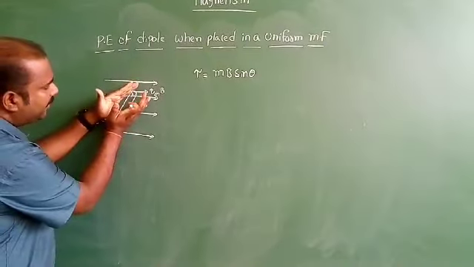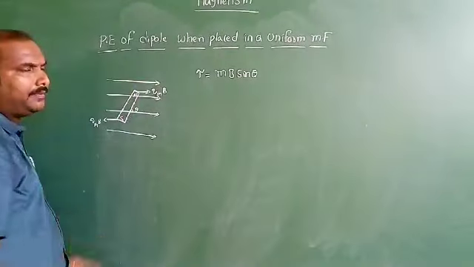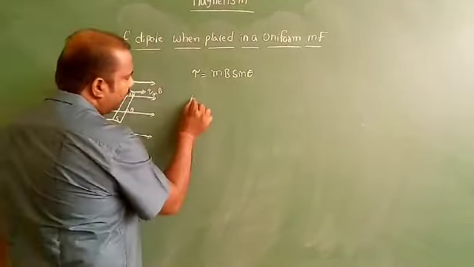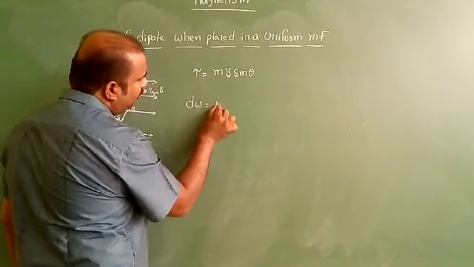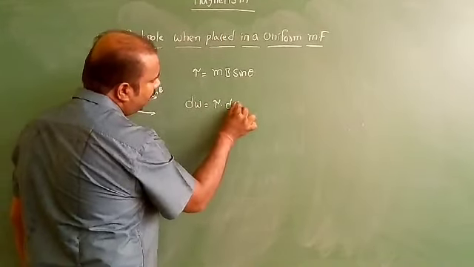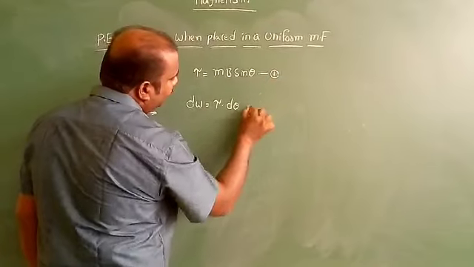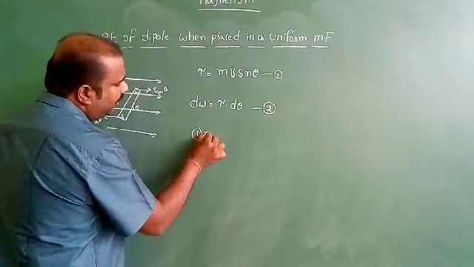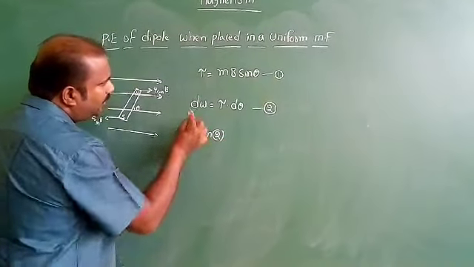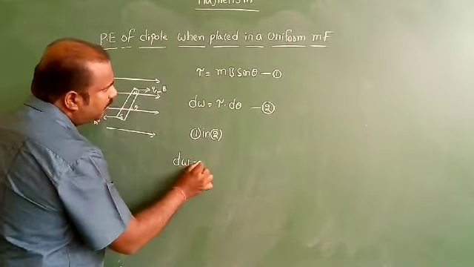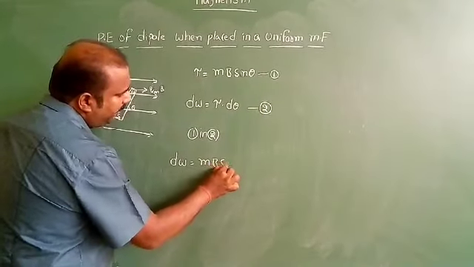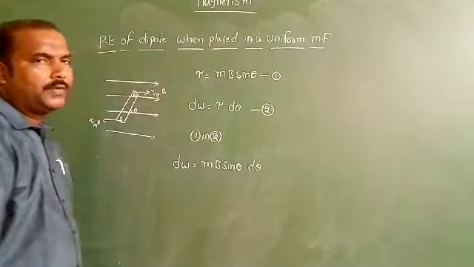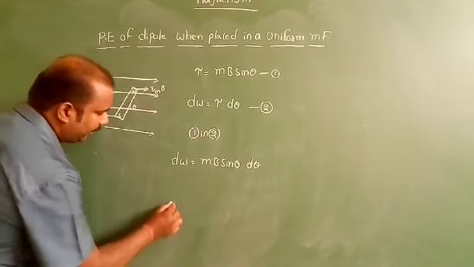If I am rotating this dipole through an angle theta, definitely work must be done. That work is given by dW is equal to tau into d theta. This is 1, this is 2. Substitute 1 in 2, that is dW is equal to mB sin theta into d theta. Then from this you can find the total work done.